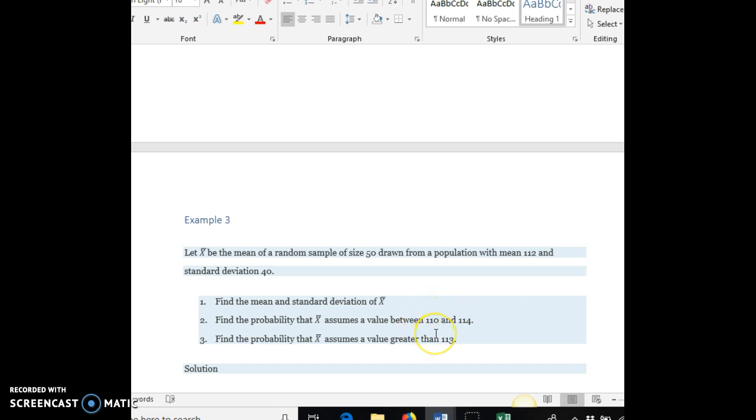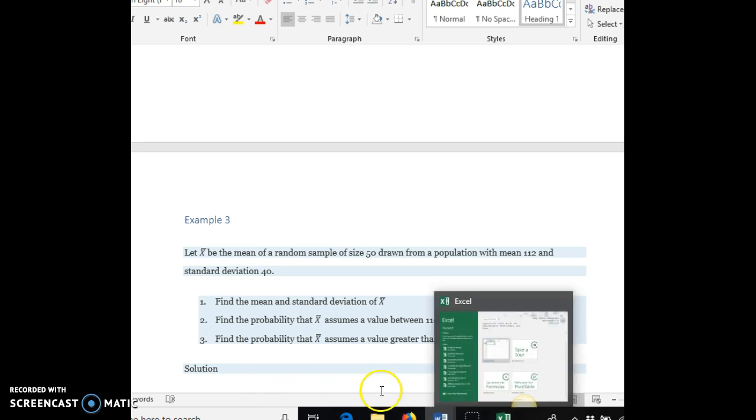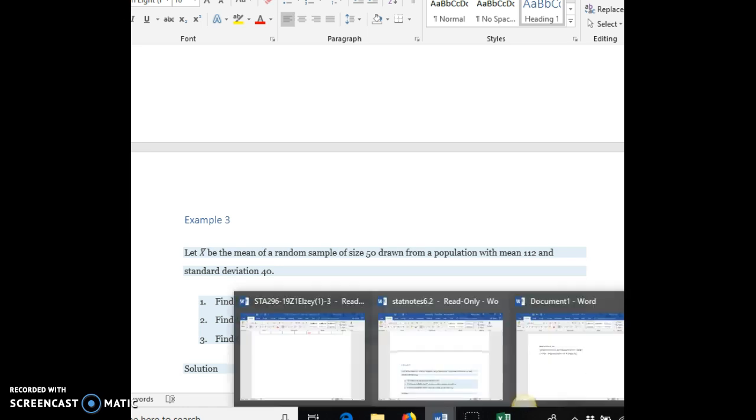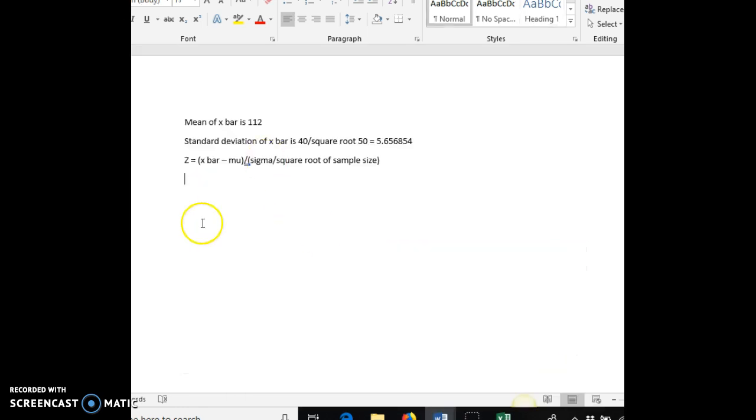We're going to put in 110, convert it to a standard normal value, and then put it into Excel and see what the probability is. And we're going to put in 114, convert it to a standard normal value, put it into Excel, see what that probability is. And just as before, when we have the probability between 2 values, we will subtract them to get our final answer. So let's go ahead and convert 110 first.